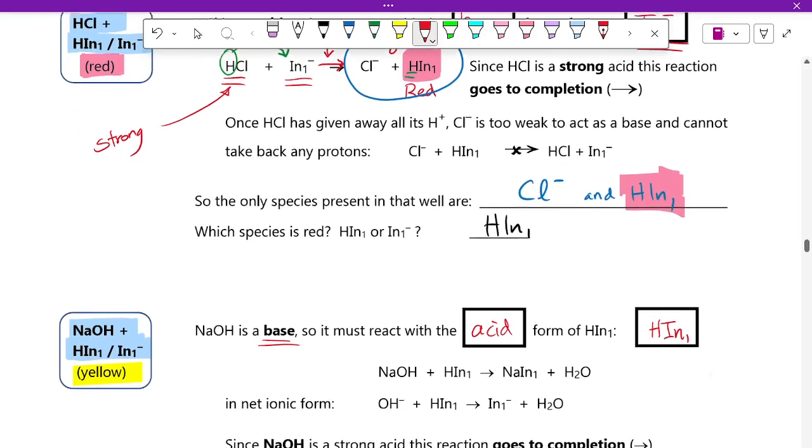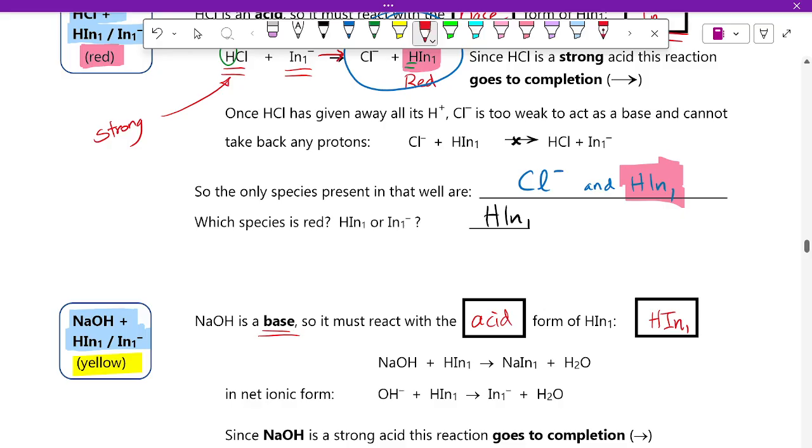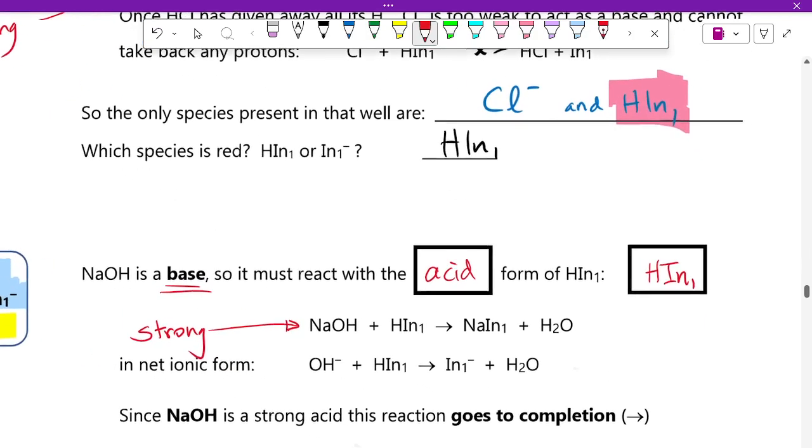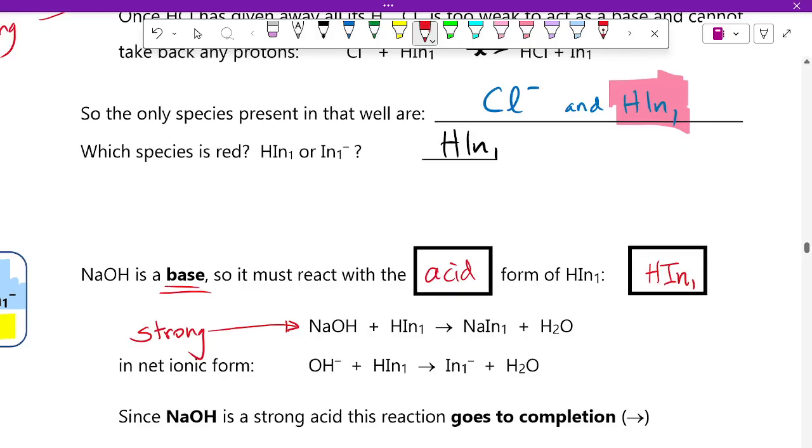So we're going to take our base, NaOH, which is strong, and react it with the acid, HIn. And because it is strong, what kind of arrow is that going to be in that reaction? A one-way arrow.